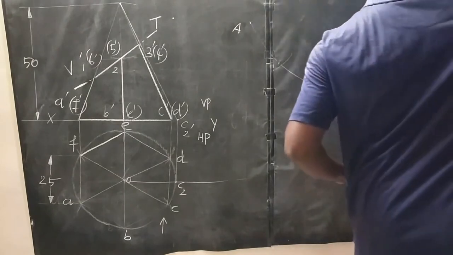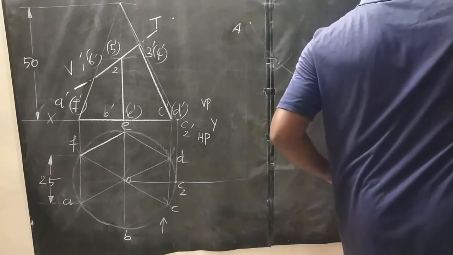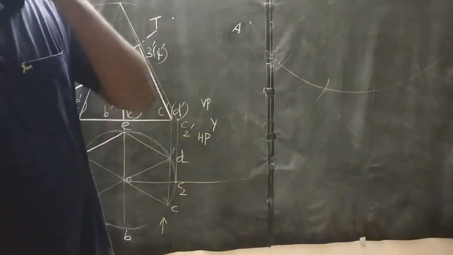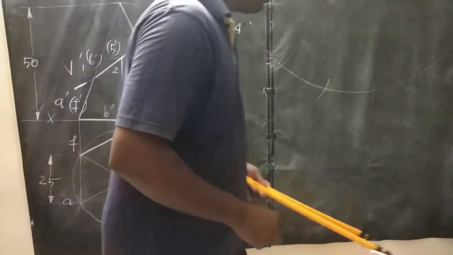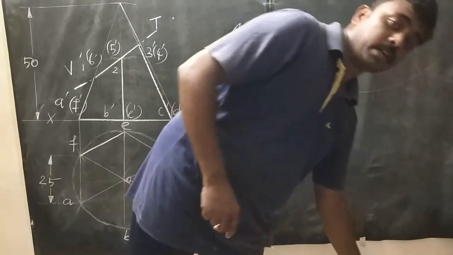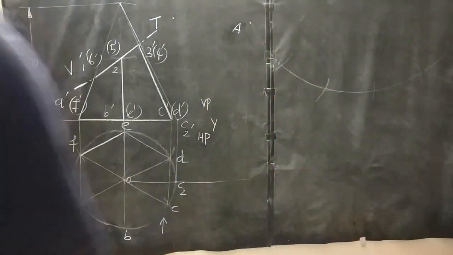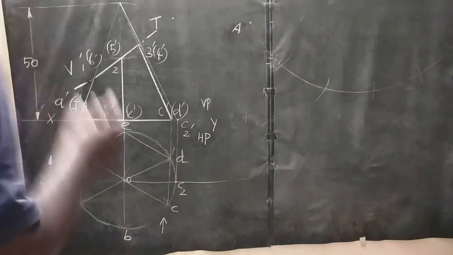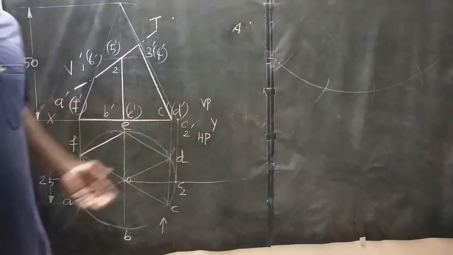Suppose if you have a pentagonal pyramid, that time draw the 5 arcs. Some of the time they will give a square pyramid. That time this problem is so easy, because the square pyramid contains only 4 slant edges. So that is quite simple than this problem.